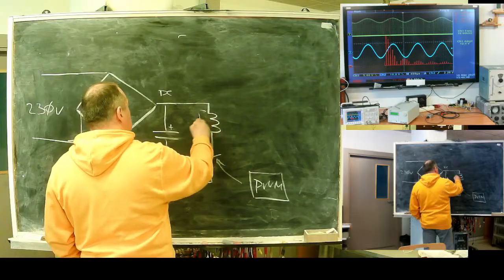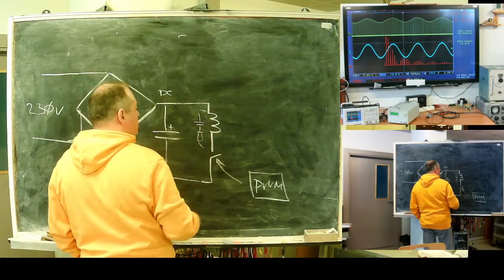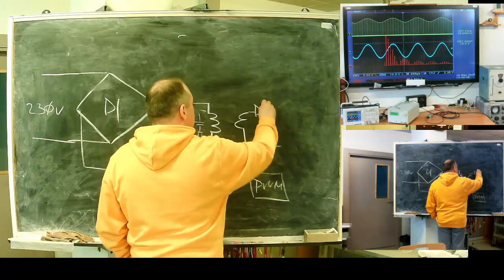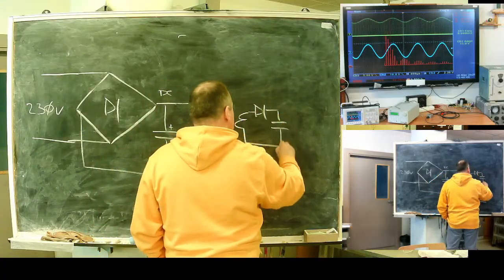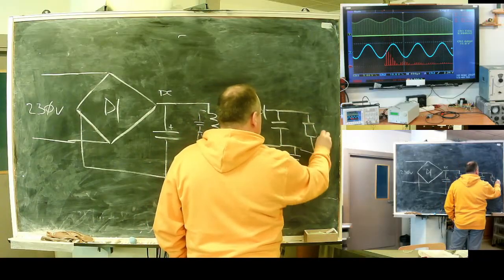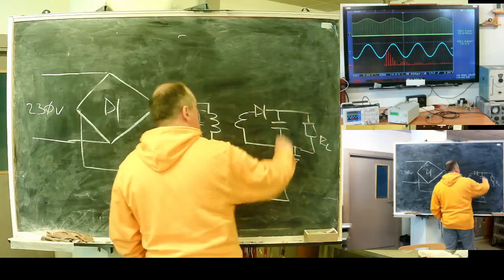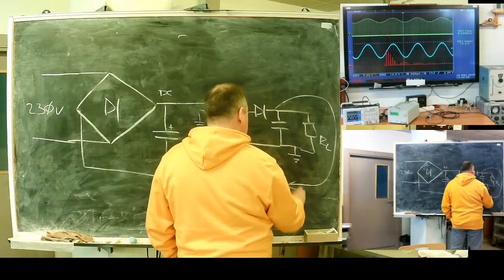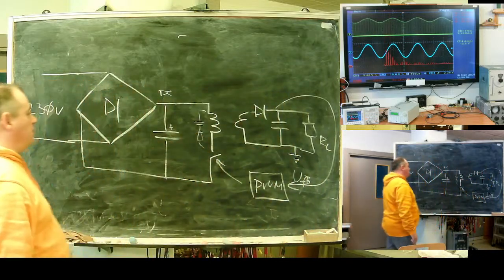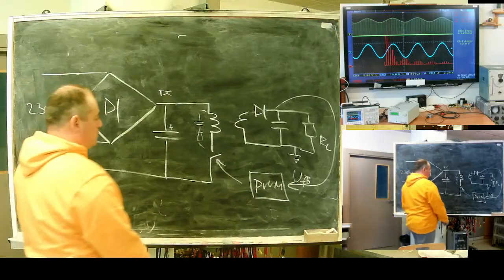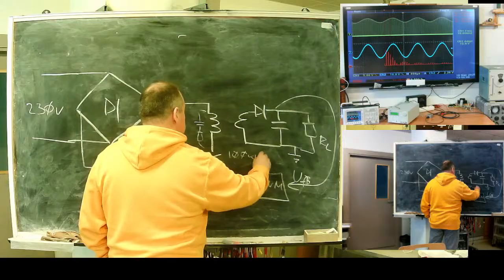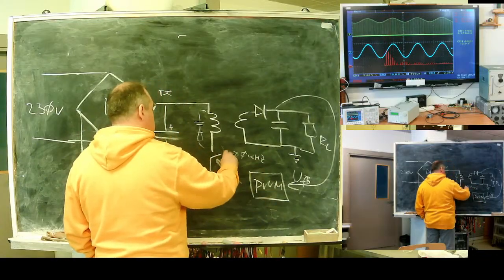You may need some snubber here, but it's not important. Important, secondary side, your load, and this is feedback for, let's say, maybe 100 kilohertz, maybe 200, something like this.